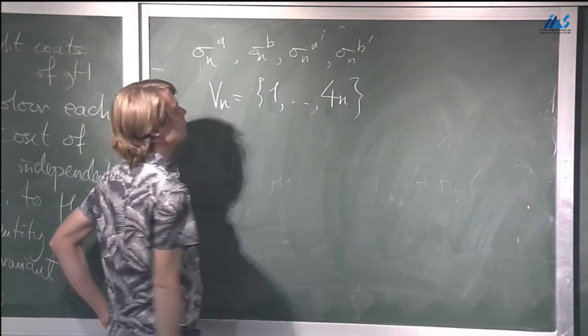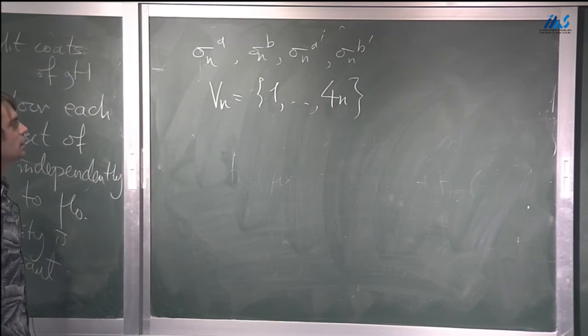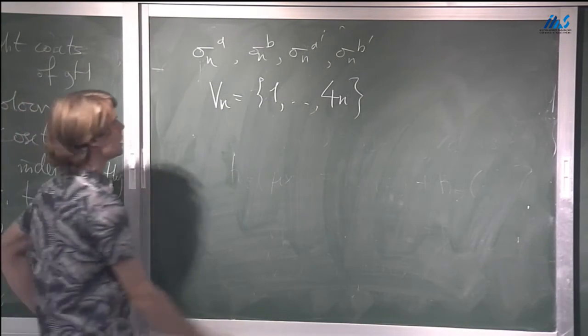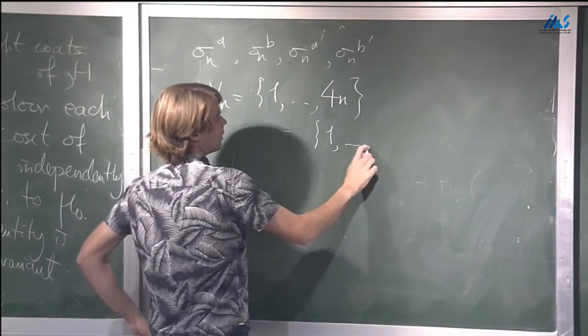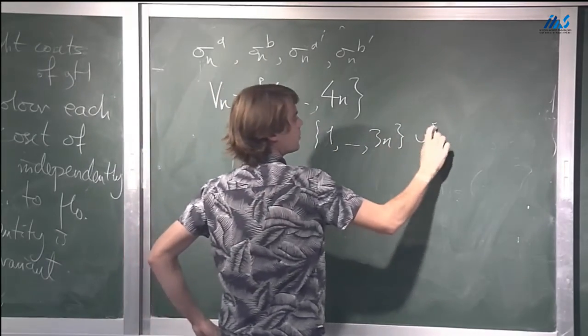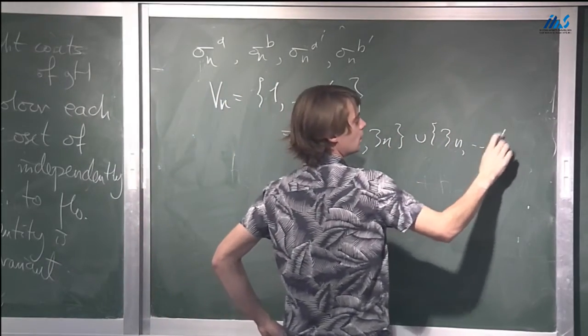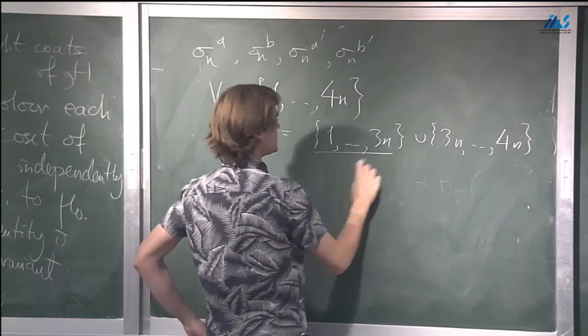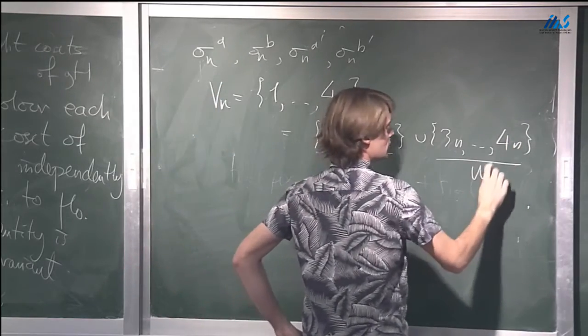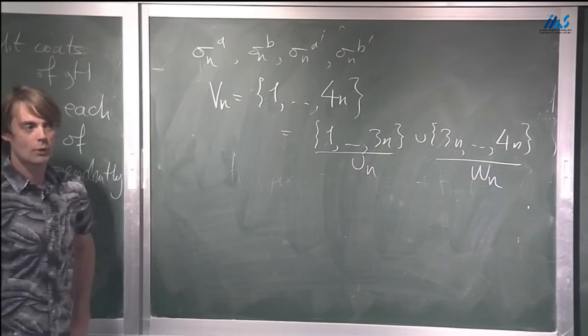So I'm going to look at Vn's of size multiples of 4, and each one I'm going to break into two subsets, which are the values 1 through 3n and then the remainder. And let's call that subset Un and that subset Wn. Okay?